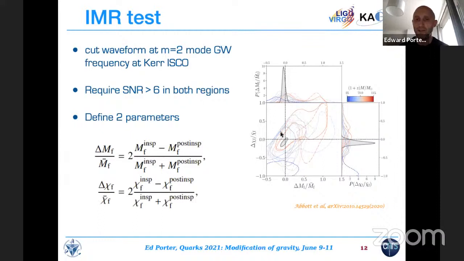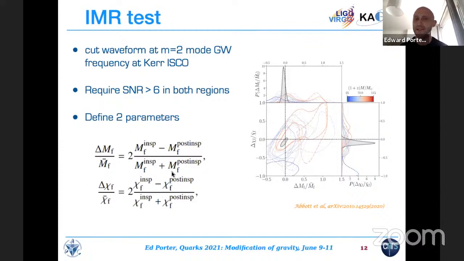If general relativity is correct, then these two parameters should be identically 0. What I'm plotting over here is the 90% contours for all of the sources that were used for the test. In the vast majority of cases, they incorporate the 0, 0 point, which makes them consistent with general relativity. This particular system here is not incorporating the 0 point, but we know that this system also demonstrates higher multiple modes in the waveform.